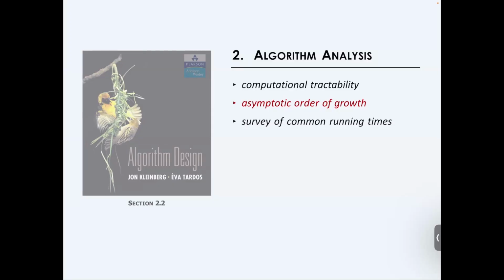We're no longer worrying about tiny implementation details, but rather we're trying to understand the long-term growth of a runtime, the scalability of a runtime, and which parts of a function actually dominate as the input grows. Throughout the rest of this course, we're going to constantly translate algorithms into mathematical functions, and then we'll analyze the growth of those functions.